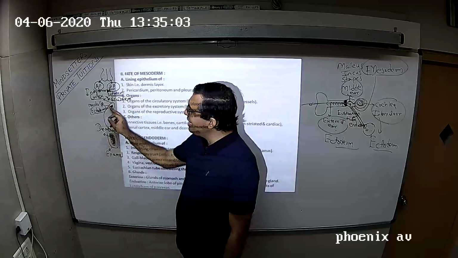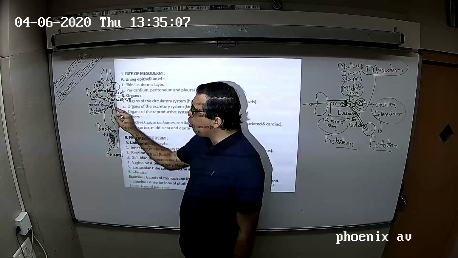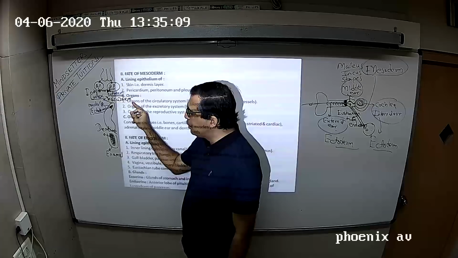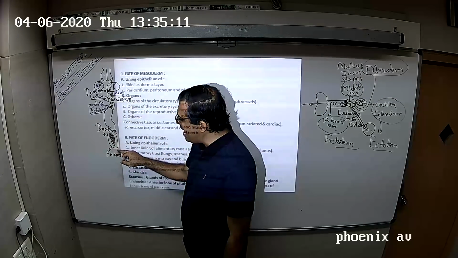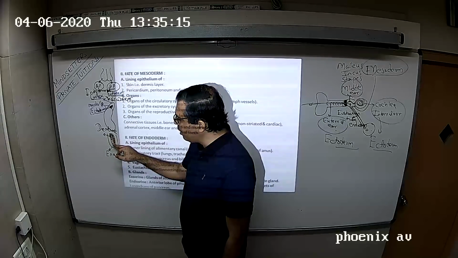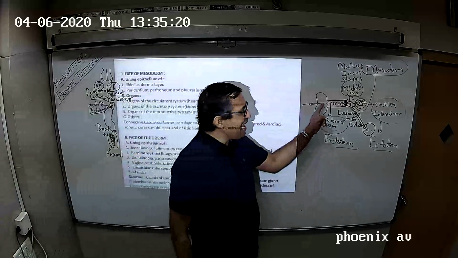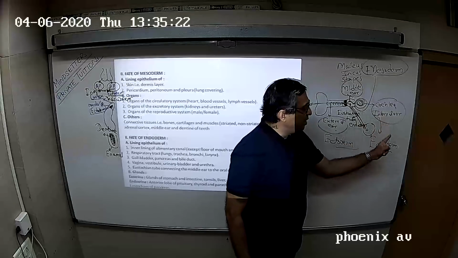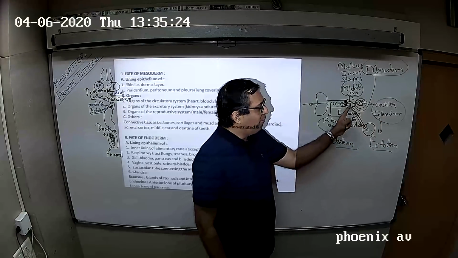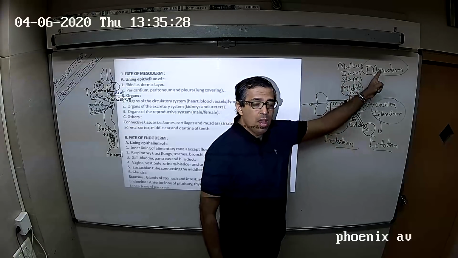Endoderm. Where does adrenal medulla develop from? Ectoderm. Where does adrenal cortex develop from? Mesoderm. Where does enamel of a tooth develop from? Ectoderm. Where does dentine of a tooth develop from? Mesoderm. Where does external ear and internal ear develop from? Ectoderm.